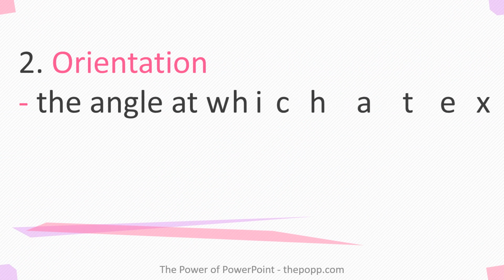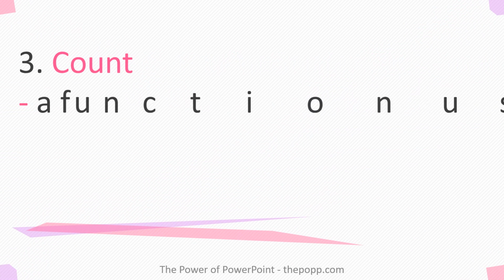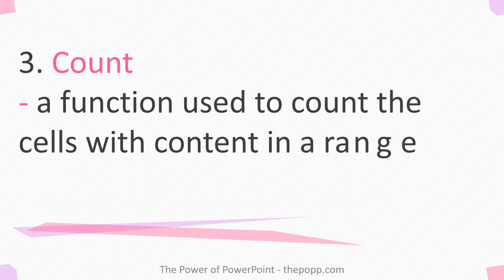Next is orientation, the angle at which a text is displayed. So, this is what you see on your monitor if you open your Microsoft Excel or your spreadsheet. Number 3, count, a function used to count the cells with content in a range. So, this is the bilang, that's why we call it count.